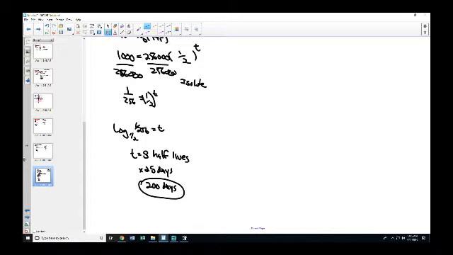Any questions? Yes? What is this after log 1/2? 1/256. So we've rewritten this as an exponential, or as a log. Calculator. There it is. Okay. No questions otherwise?